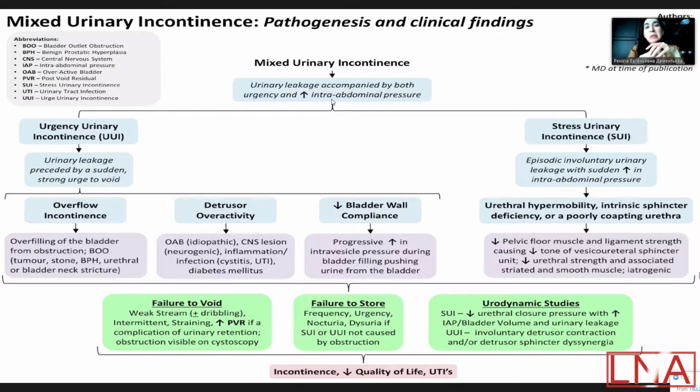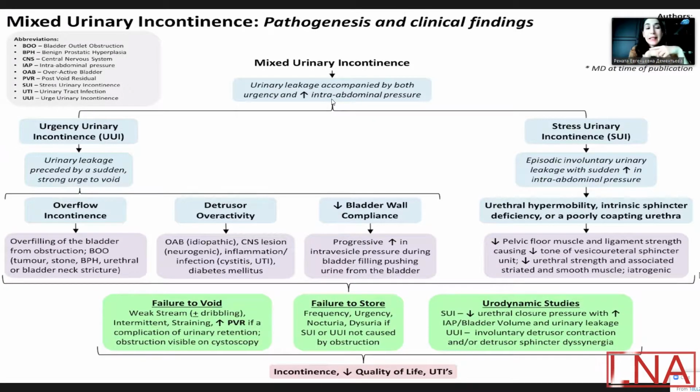All these problems are problems with the mobility of the wall of the urethra and bladder. It leads to weakening of pelvic floor muscles and ligament stretching, causing decreased tone of the vesico-urethral sphincter unit and decreased urethral stretch and associated striated and smooth muscles, or it can be iatrogenic, a result of operation on the pelvic organs.